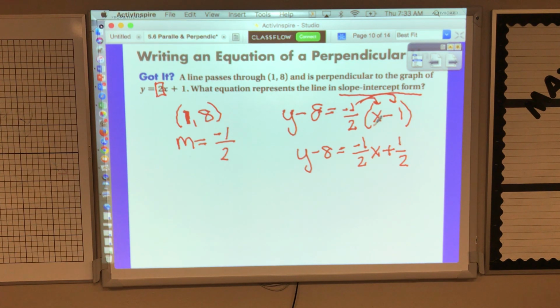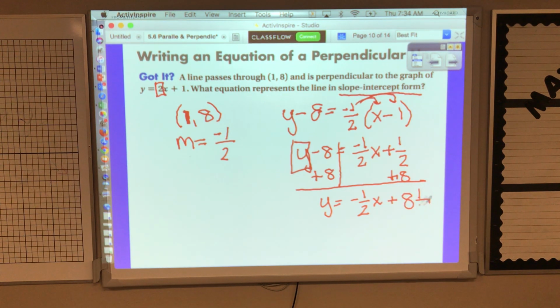So I no longer have my parentheses, so I'm closer, but y is still not by itself, so to get y by itself, I need to add 8 to both sides. Then I have y equals negative 1/2 x plus 8 and 1/2. And remember, it's perfectly fine to have a mixed number for your y-intercept, just not for your slope.